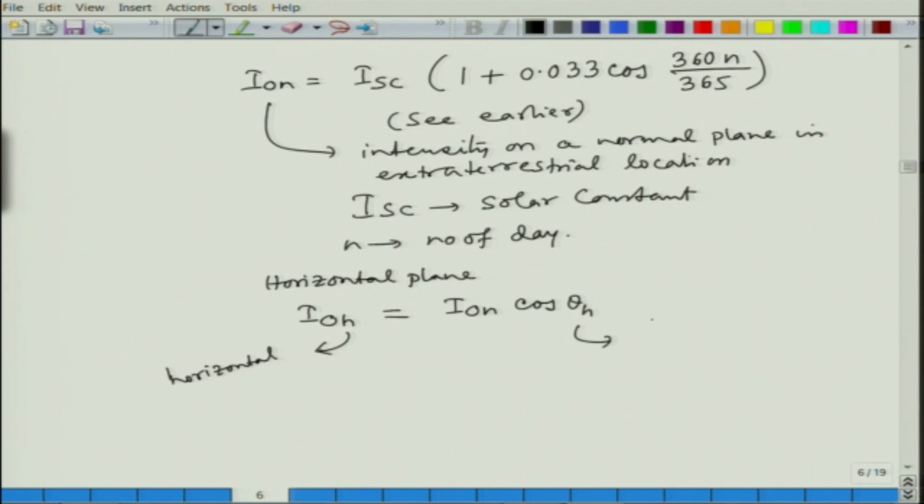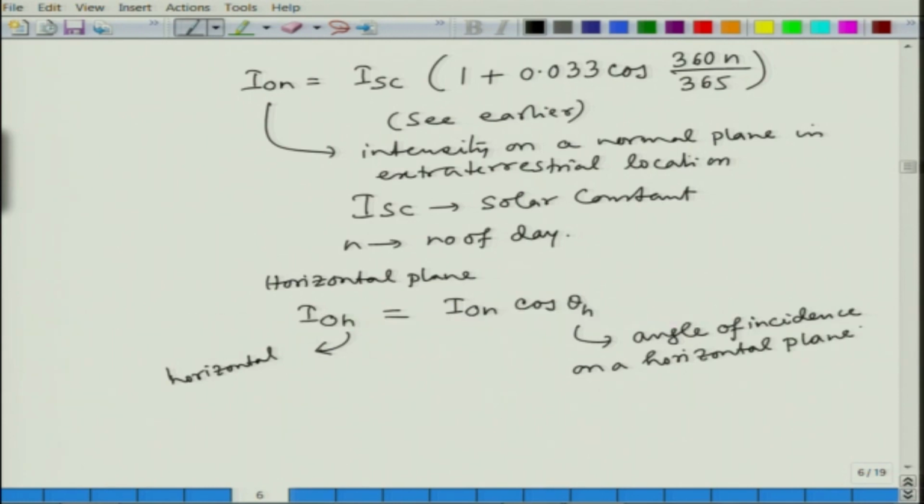you can say this is the angle of incidence on a horizontal plane.